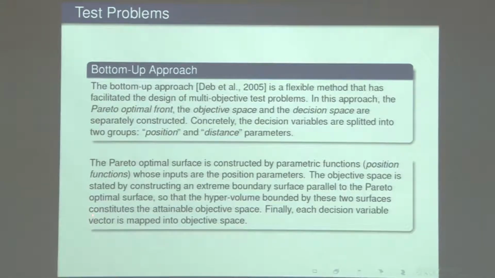So you are building the Pareto optimal surface using this equation, and you also use some bounds on objective function space and do the mapping from decision variable space to objective function space. So it's a very nice methodology. Many people like this because it offers many advantages.